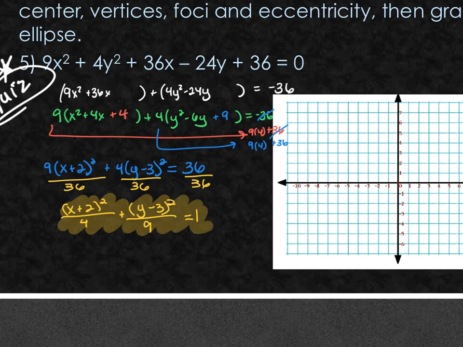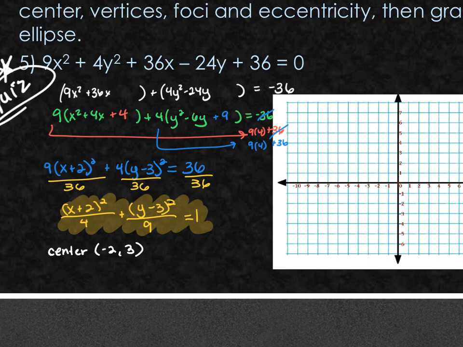Now identify all its parts. So my center is (negative 2, 3). A squared is 4, so a is 2. B squared is 9, so b is 3. C squared would equal a squared minus b squared. Wait, sorry, just kidding.